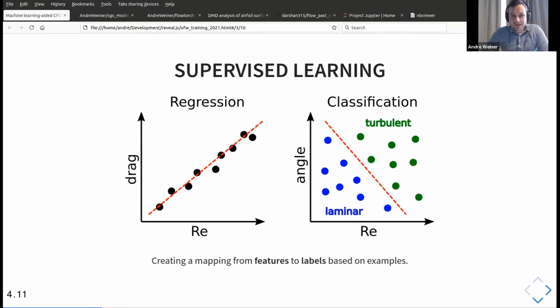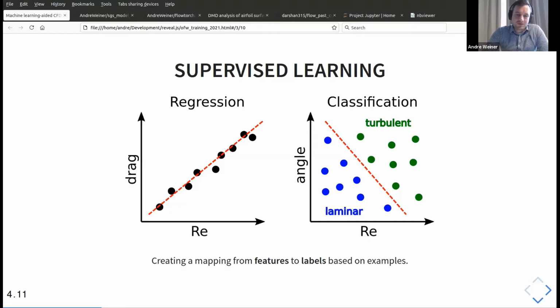All right. So the first large group of machine learning algorithms belongs to supervised learning. And in supervised learning, we have features and corresponding labels, and we create a mapping from the features to the labels. And that's the machine learning model. So for example, consider you have some experiment or simulation.